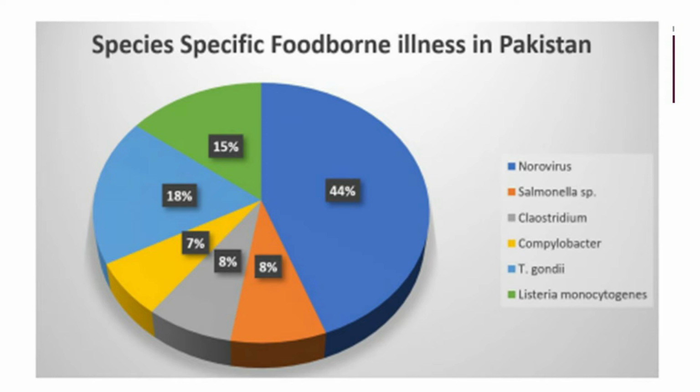In raw beef, the percentage is about 10.9%, and in raw mutton, 5.1%. In other foodstuffs, vegetables and fruit salad, it's about 40.9%. Sandwiches, 32%, cheese, 11%, and raw milk bulk samples represent 10.2%, exhibiting the leading rates.